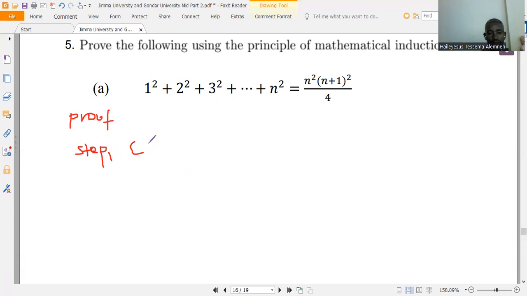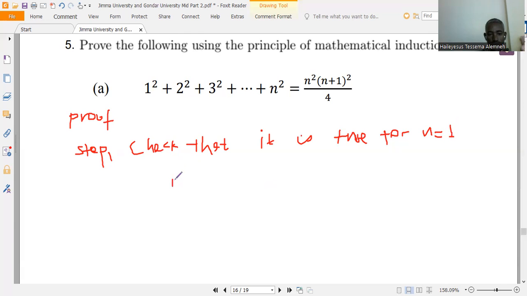Check that it's true for n is equal to 1.